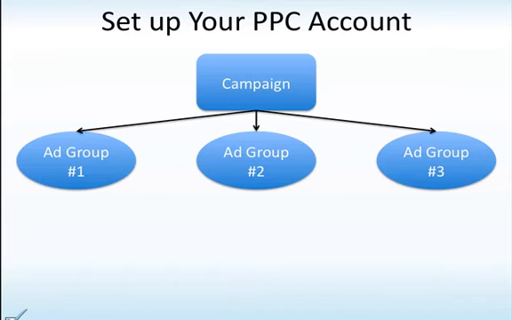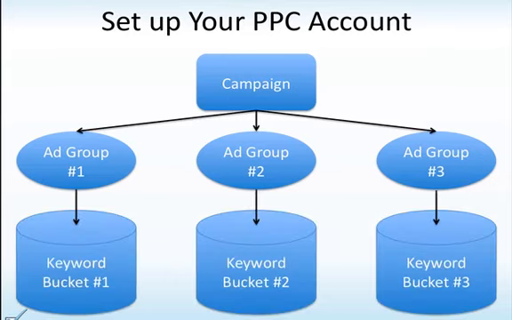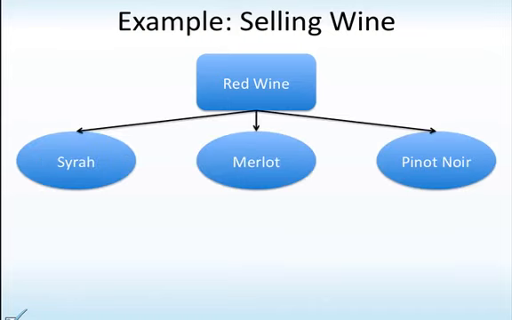So as you can see, within each ad group, that's where you drop the buckets that correspond. Let me dig a little deeper into my wine example, just to make it a little more concrete. Let's say your campaign is red wine, and you have 3 different products within red wine. You have Syrah, you have Merlot, and you have Pinot Noir.